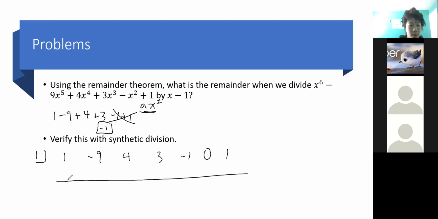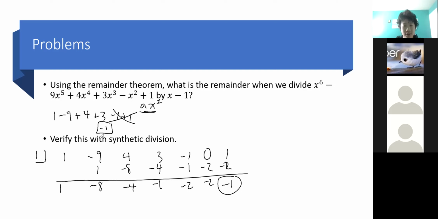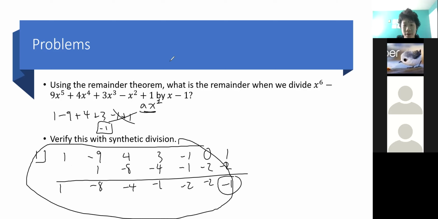Plug in 1: 1, negative 8, negative 4, negative 1, negative 2, negative 2, negative 1. Ah, we have the same remainder. So that reveals the remainder theorem does work. Whenever you have a really complex polynomial like this, it's better to just use the remainder theorem if the numbers are not too big.